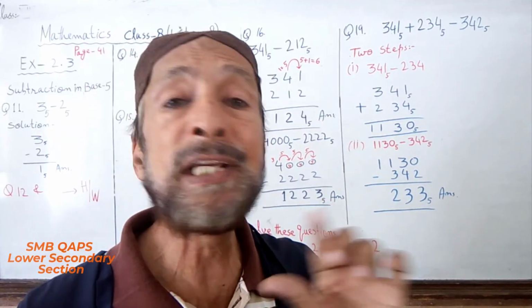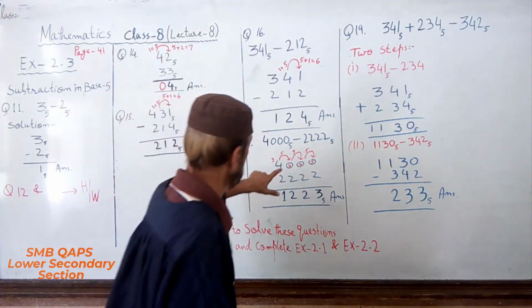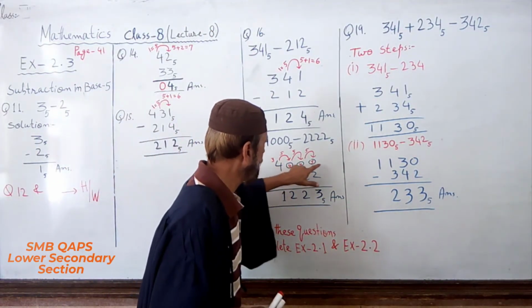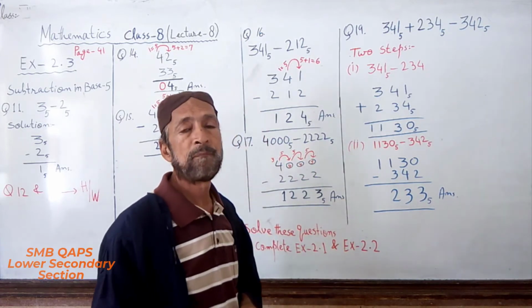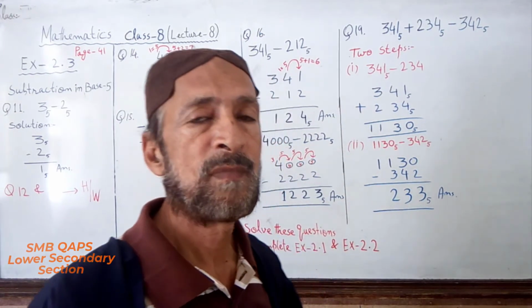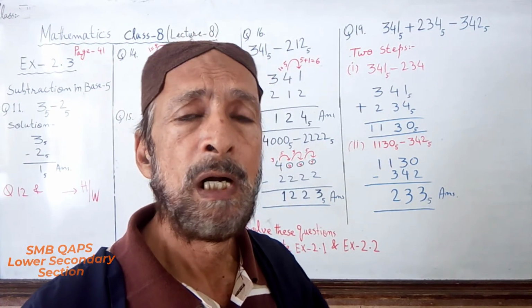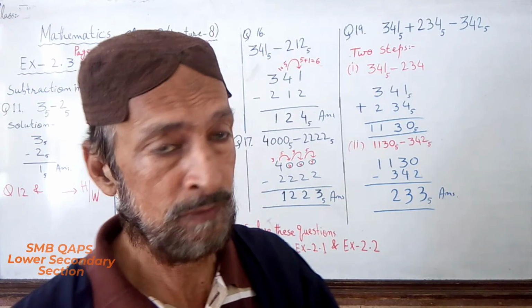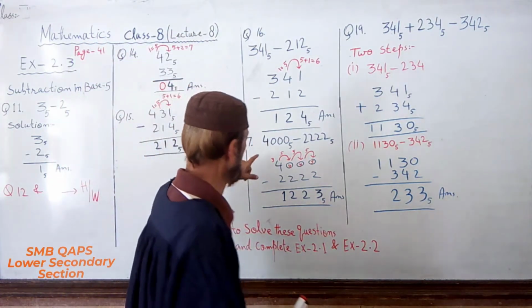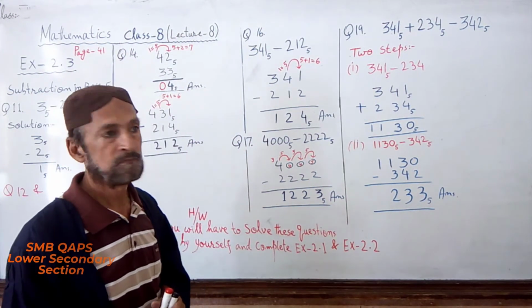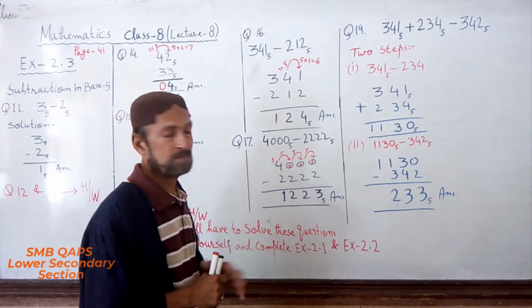See, the red digits 4, 4, 5. Where did they come from? I told you the logic. You can do it. This is the answer.